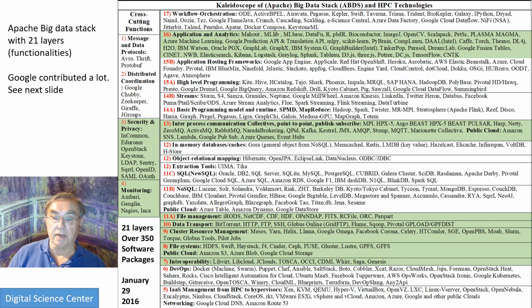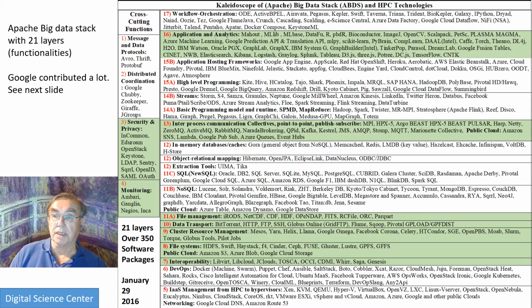This is, again, a way of automatically querying unstructured data. Application hosting frameworks like Google App Engine, and there are all sorts of interesting systems here, which are sophisticated, high-level platform as a service. Then we have the growing number of application analytics engines. The most recent ones are TensorFlow from Google and CNTK from Microsoft. And at the top, we have orchestration or workflow, where BPEL was a famous community standard.